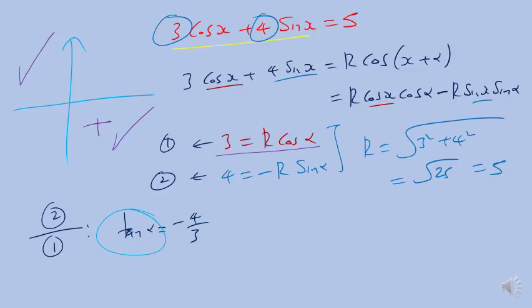So we have to use tan alpha = minus 4 over 3 as if it was in the fourth quadrant. That's just arctan of minus 1.333. We work with negative angles, so the angle turns out to be minus 0.93.